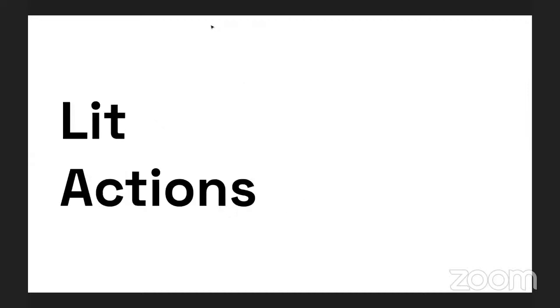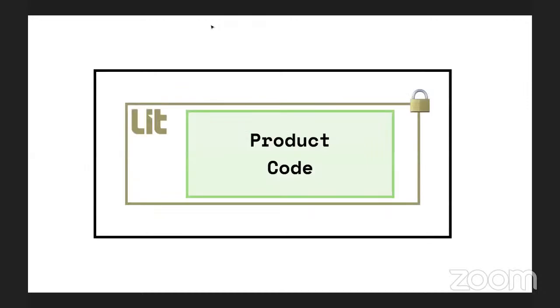The final thing we have is Lit Actions. Imagine you have all this code now, you've decided you want to use Lit, you have a grand idea, but at the moment you're thinking you're going to have some kind of backend to manage this data. Instead, you can run your own product code within the TEE and call the Lit methods yourself and call them from a front end.